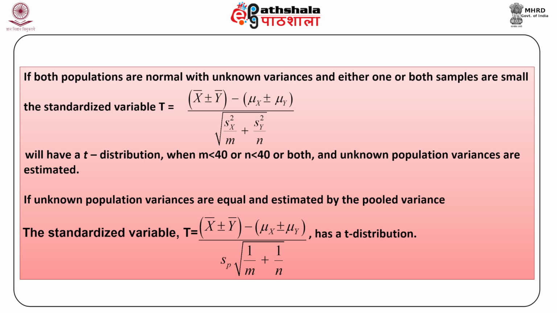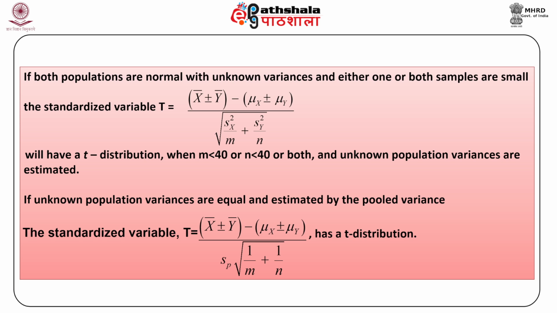And this will have a t distribution when m is less than 40 or n is less than 40 or both, and unknown population variances are estimated by s x square and s y square.